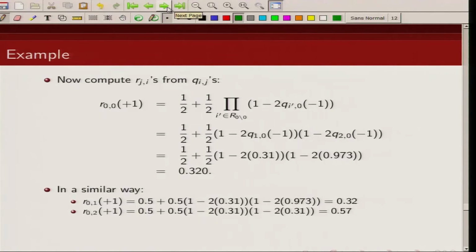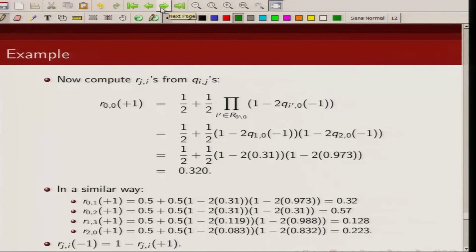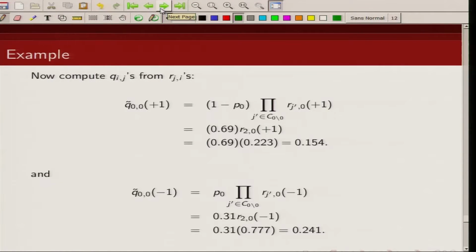I am not going into detail of that, it is just the same procedure repeated. So, once we calculate these Qi's, Ri's and initial Qi's, then we are going to update our Qi's, and again we follow.